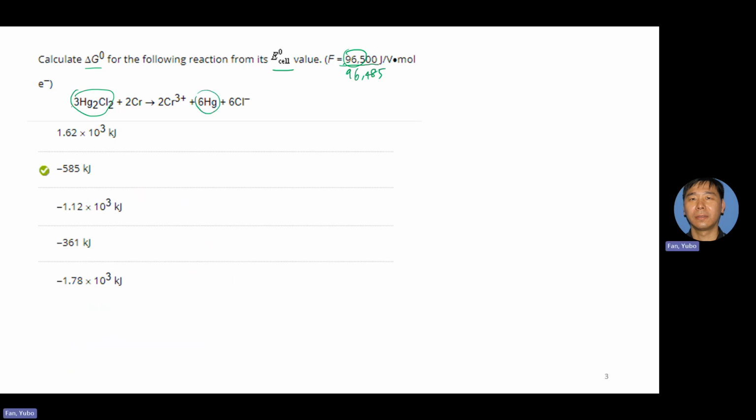Mercury 1, this is a +1, but 2 of them to here, and here 0 to here. This is the +3. In the table in the textbook, let me show you how to find it.